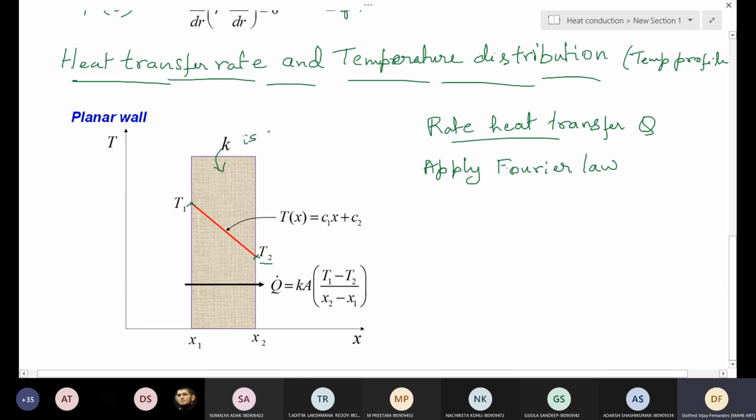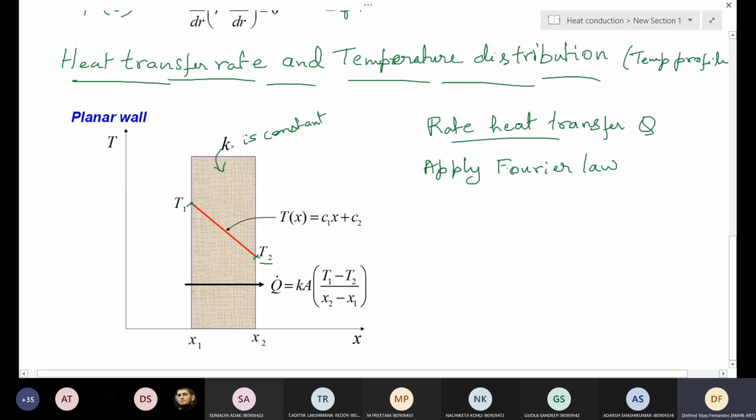So K is constant. Sometimes the K value will change with the position because the material is not homogeneous. Somewhere the material properties will change, but we assume this wall is homogeneous.